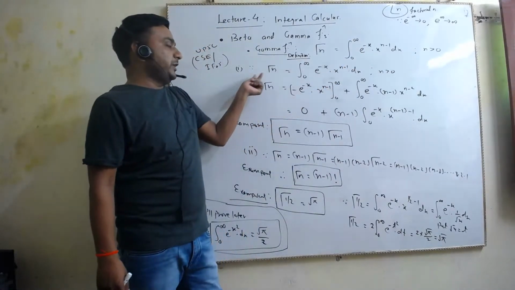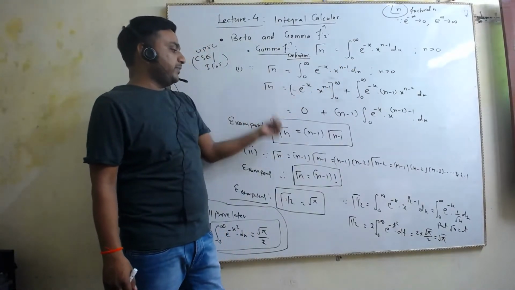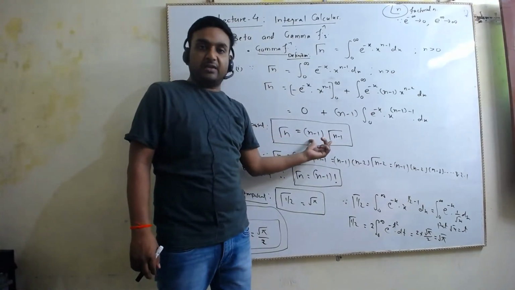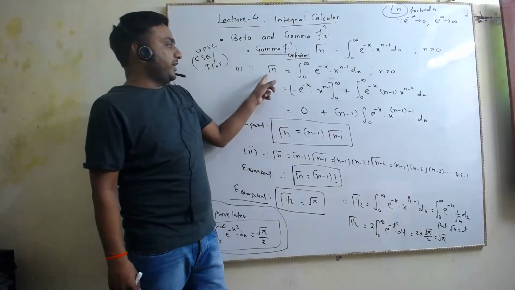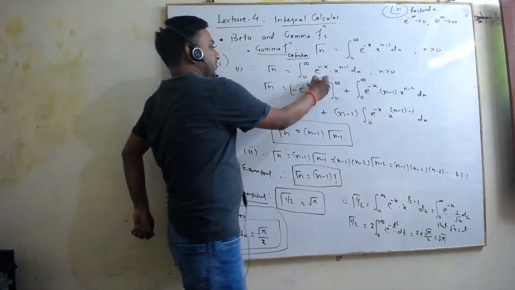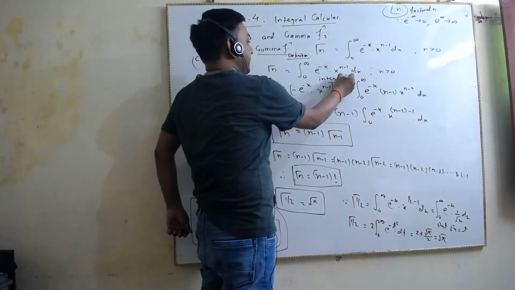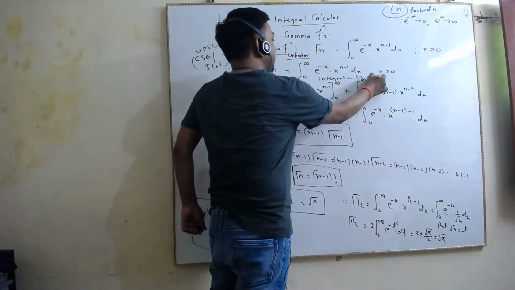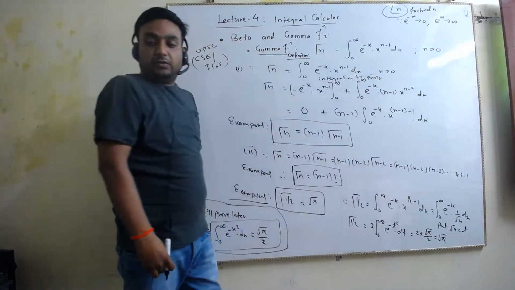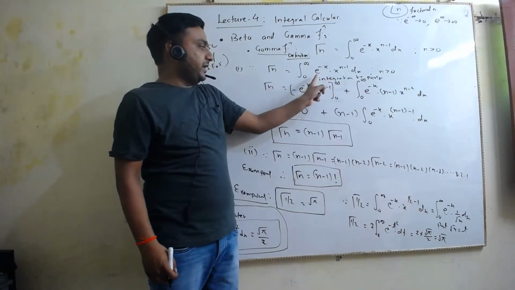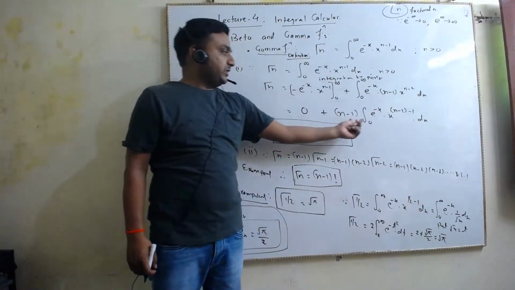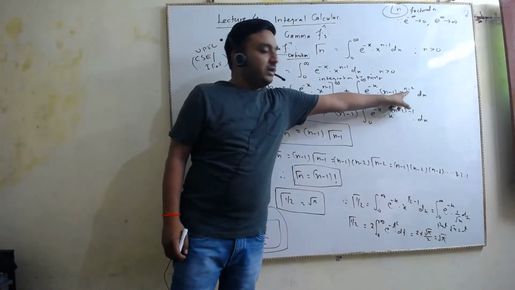So number first, I told you, you can have the relation gamma n as n minus 1 into gamma n minus 1. For that, if I go from the definition and apply integration by parts, first into second, and so on, I got x raised to the power n minus 2.